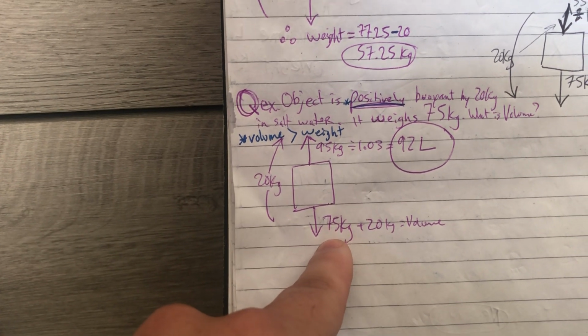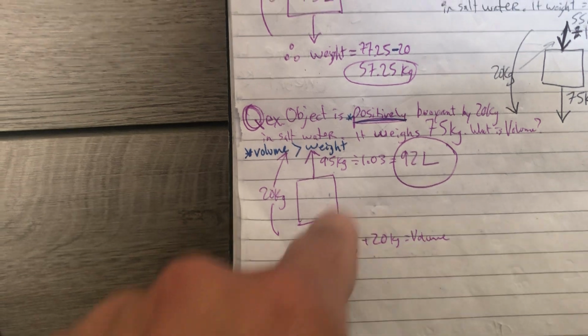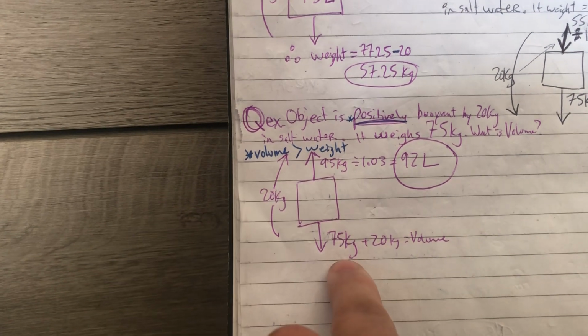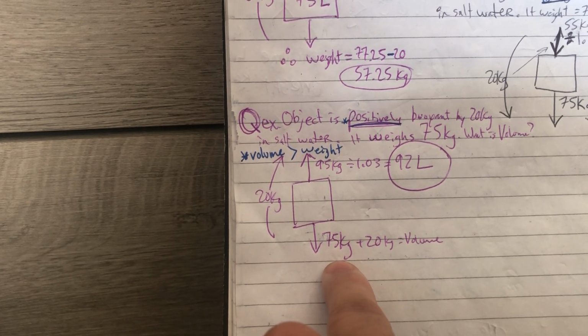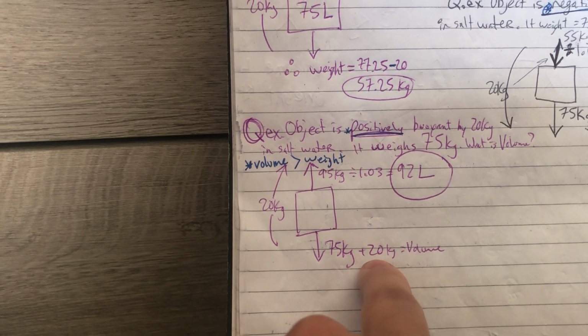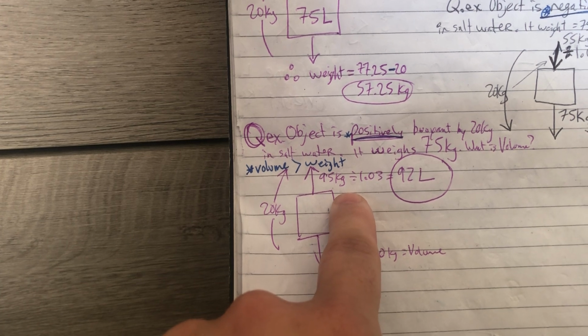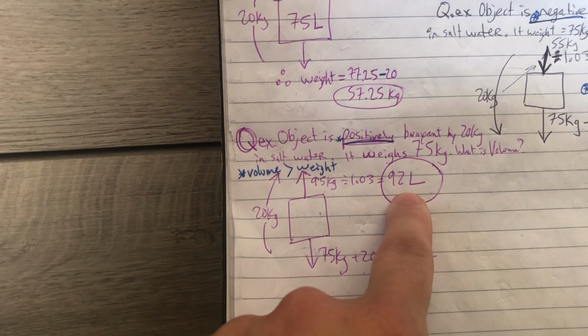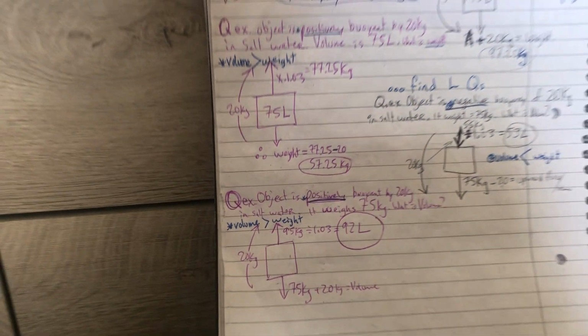That's why it's positively buoyant. So now we've got our 95 kilograms, which is 75, the weight, plus the positive buoyancy. Divide that by 1.03, and we have our answer. So simple.